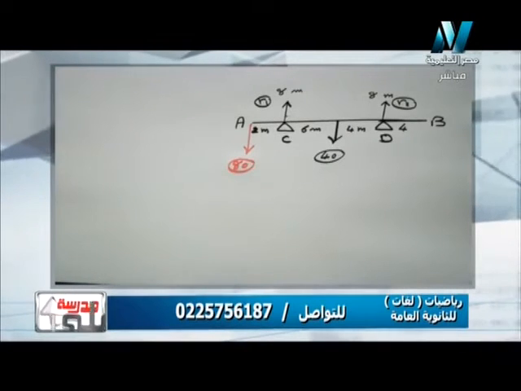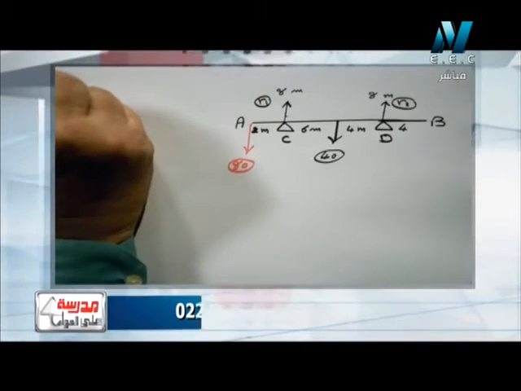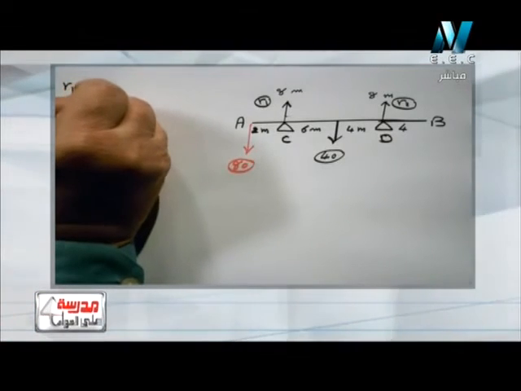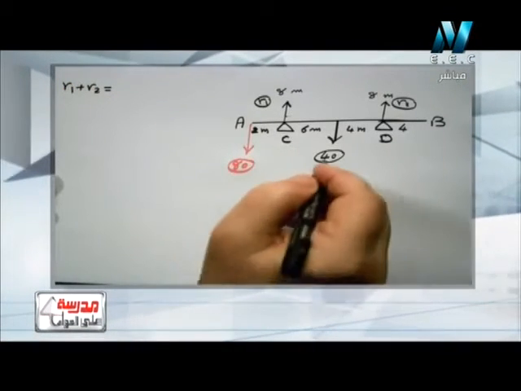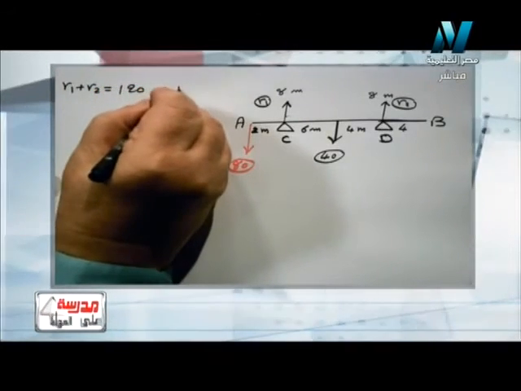نبتدي بقى نطبق بقى الموشن. فأنا عندي R1 plus R2 equal 80 plus 40 يبقى 120. Equation number 1.